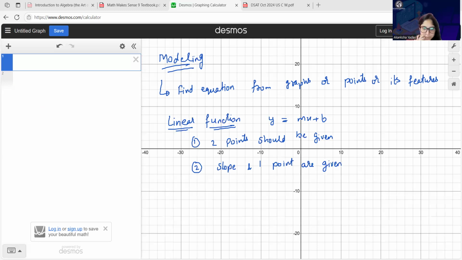If slope and y-intercept are directly given, we do not need to come to DESMOS. We directly know what to do. But if there's any other point other than the y-intercept and there are 2 points, there's no slope given, then we'll come here.